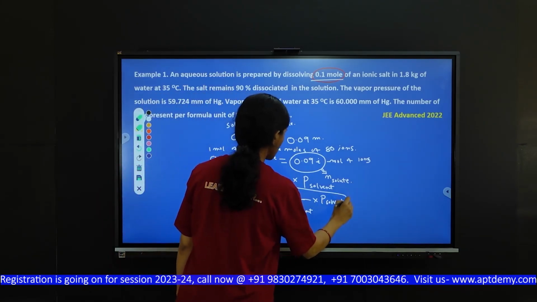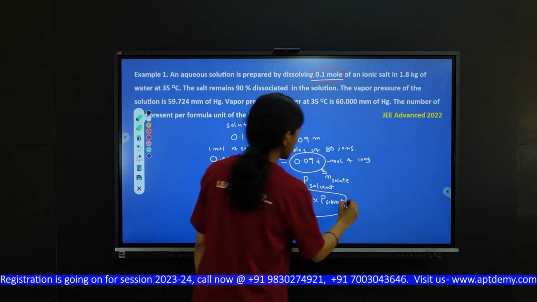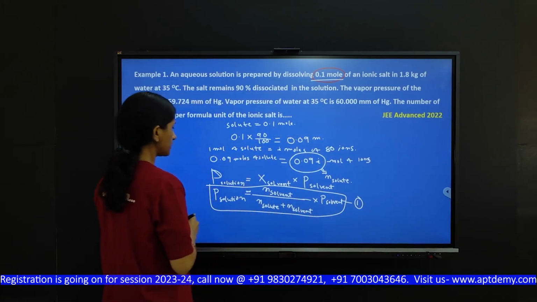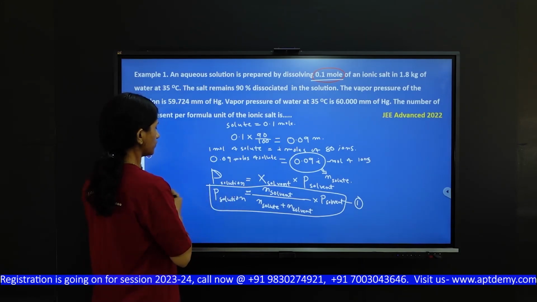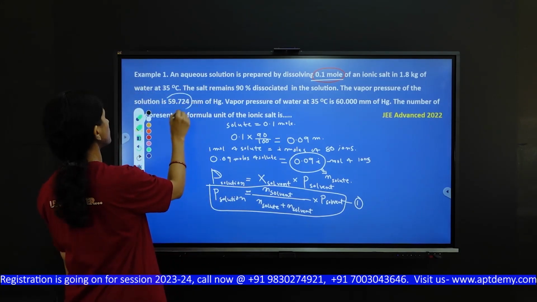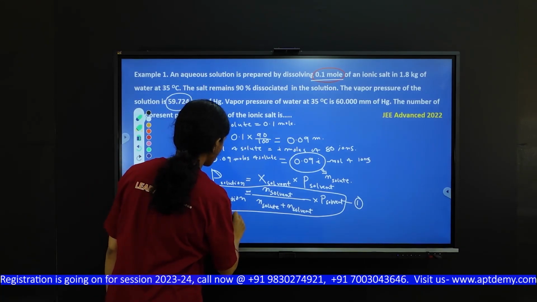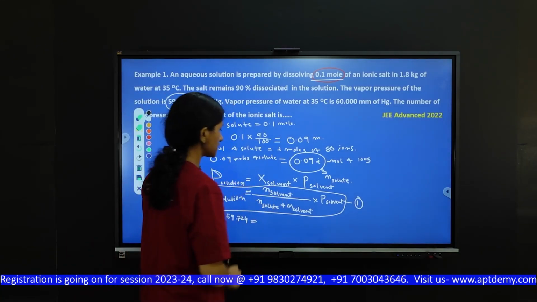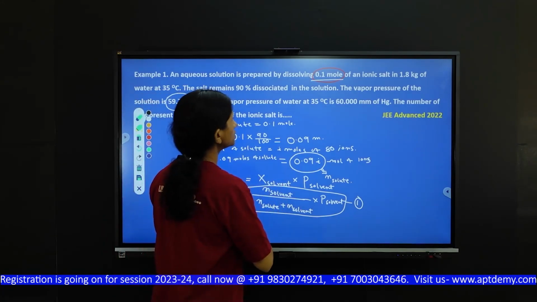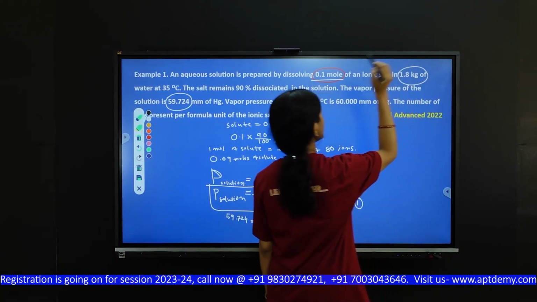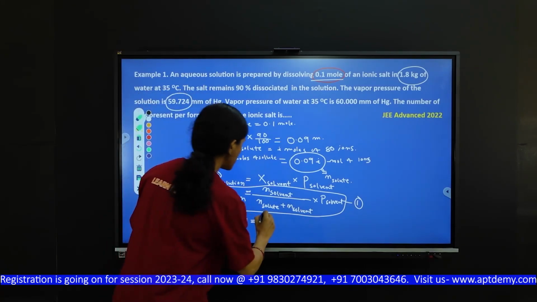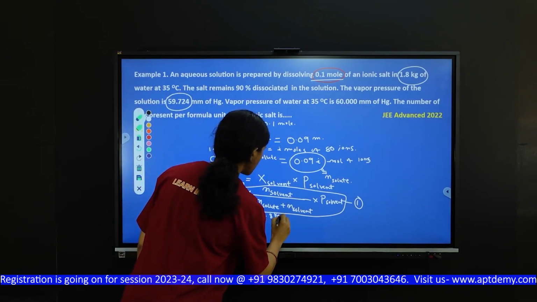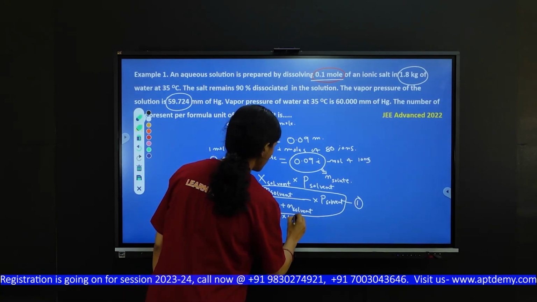Now if you number this as equation 1, let's see what values are given. The vapor pressure of solution is given as 59.724, and your n solvent, that is the number of moles of solvent, can be calculated using the weight of the solvent, that is 1.8 kg times 10 cube, divided by the molar mass of water.